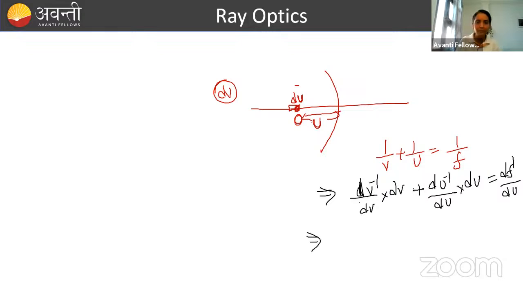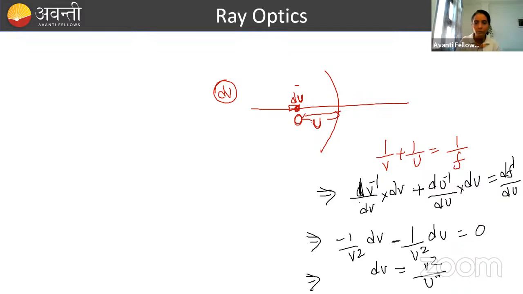Now d(1/v) will be minus 1 by v square dv, plus minus 1 by u square du, and this becomes 0 because focal length is constant, so df is 0. Now you can see dv will be equal to minus v square by u square into du.